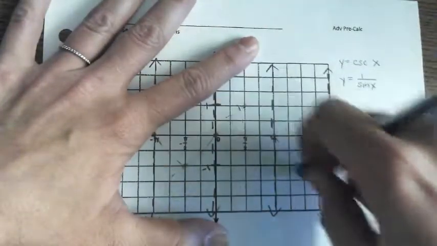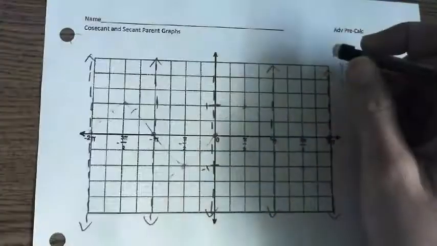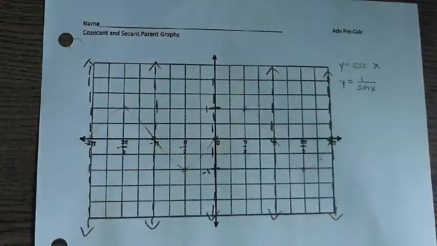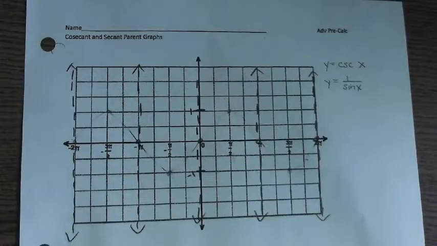But I want to see where it was, because like I said, that is definitely my guide. My entire cosecant graph depends on where the sine graph was. So we know that as we approach asymptotes, the graph is shooting off towards infinity or negative infinity.